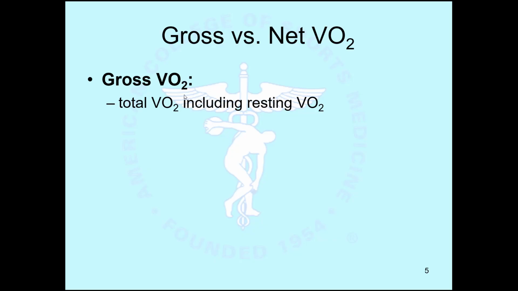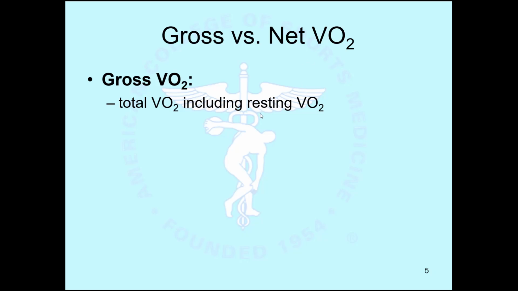Gross VO2 is your overall oxygen consumption. That includes what you're consuming due to any physical activity and also what your body is using at rest. So we generally assume that resting VO2 in relative units anyway is about 3.5 milliliters per kilogram per minute, and that's what we call 1 met.